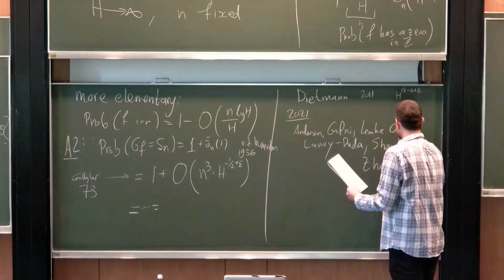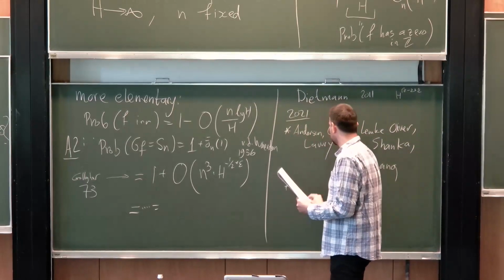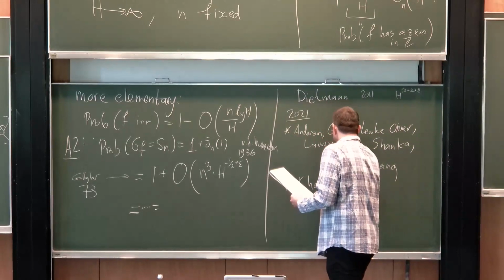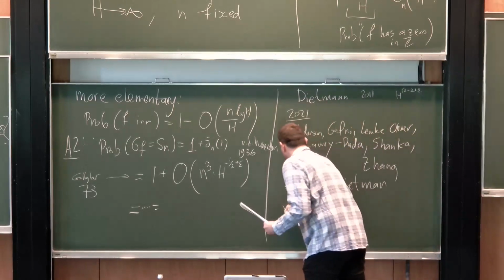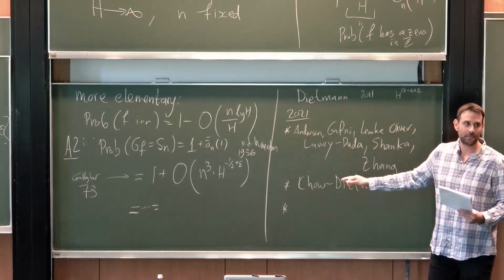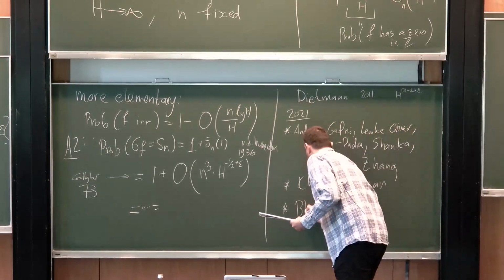So this was one result in 2021, and then immediately after there was the result of Cho and Dittmann. And finally, this was the last result, but it's by far the best. So I will only state this, but by Bhargava.